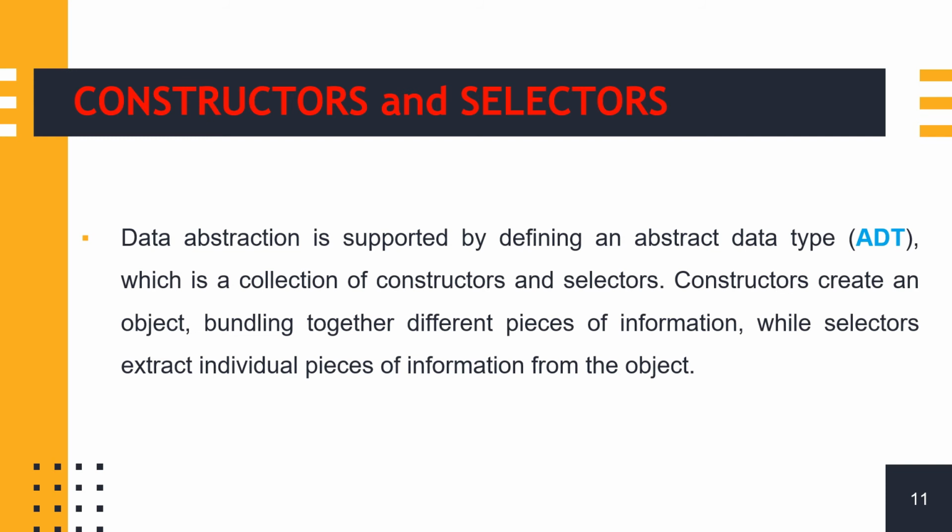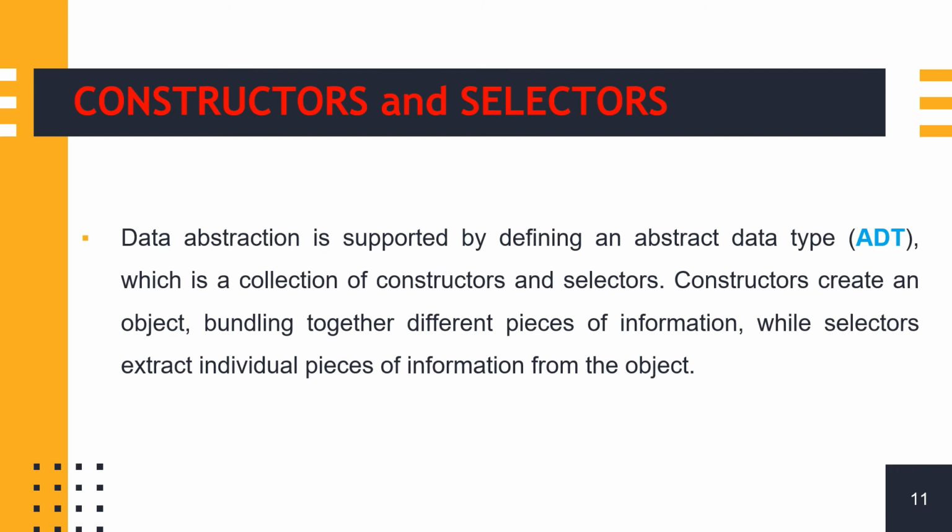Data abstraction is supported by defining an abstract data type, ADT, which is a collection of constructors and selectors. Constructors create an object, bundling together different pieces of information, while selectors extract individual pieces of information from the object.